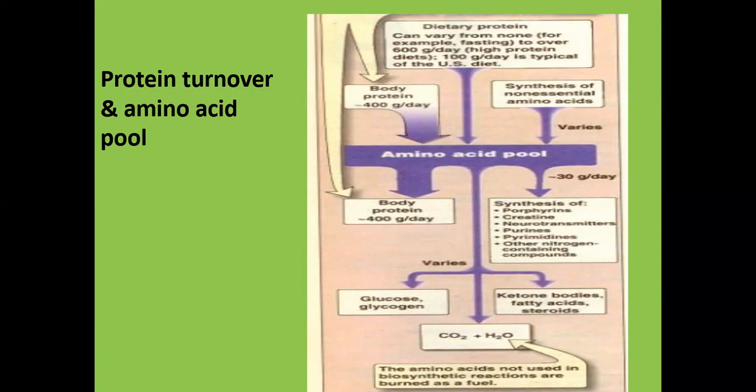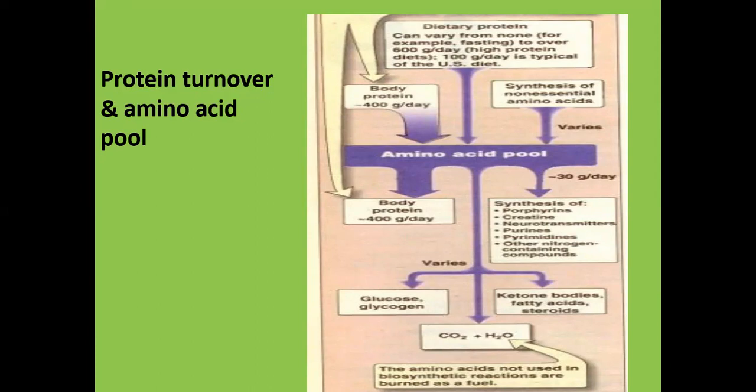In general, if we see the concentration of amino acids in the amino acid pool, there is more concentration of amino acid in the intracellular compartment than in the extracellular compartment. This gradient is maintained by active transport. The size of the gradient varies with different amino acids.